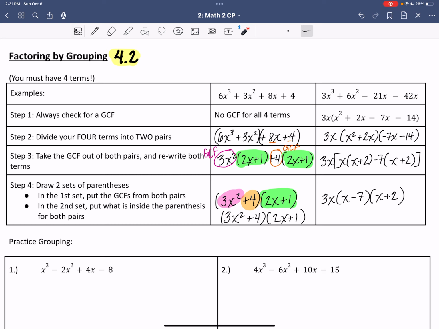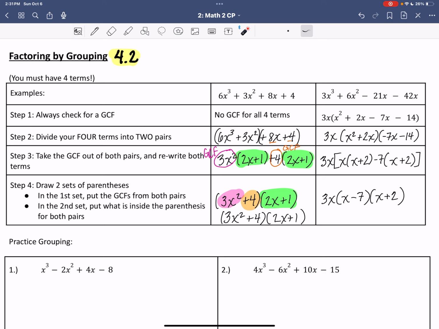So we're taking our GCF of 3x, and dividing each term. 3x to the third divided by 3x gives you x squared. 6x squared divided by 3x gives you 2x. 21x divided by 3x gives you negative 7. And then negative 42x divided by 3x gives you negative 14.